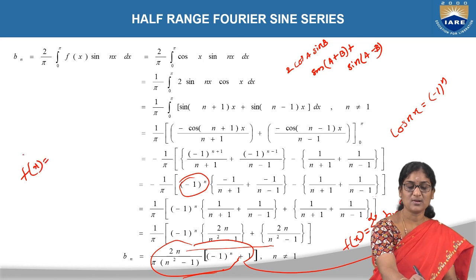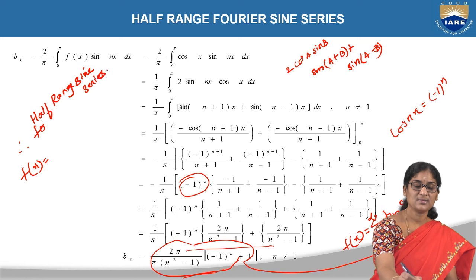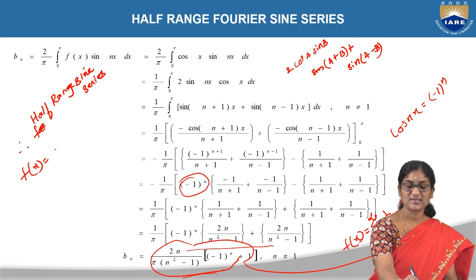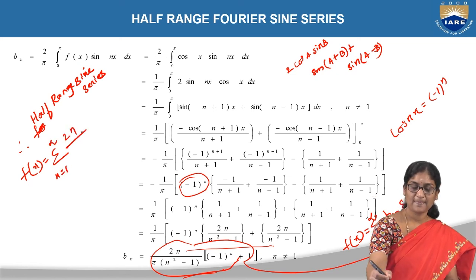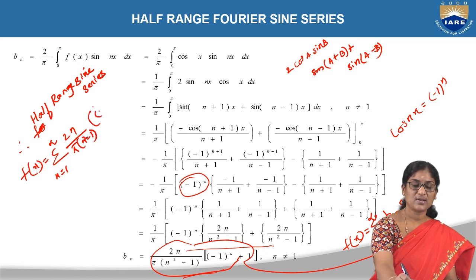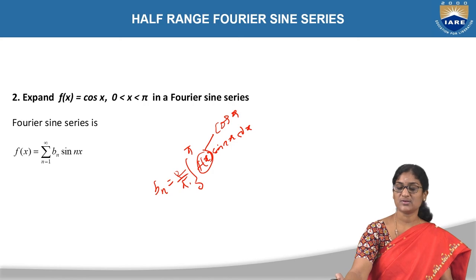Therefore the Fourier series, the half range sine series, is given by f of x is equal to summation n raises from 1 to infinity 2n by pi into n square minus 1 into minus 1 whole to the power of n plus 1 into sine nx. So this is the expansion for the given function, that is cos x in the interval 0 to pi.